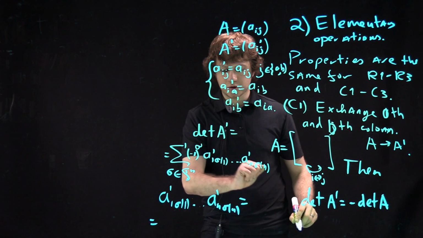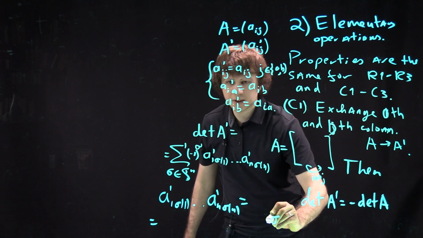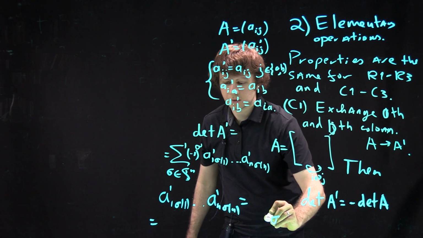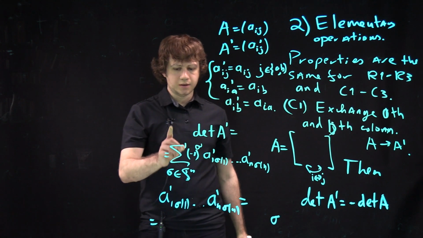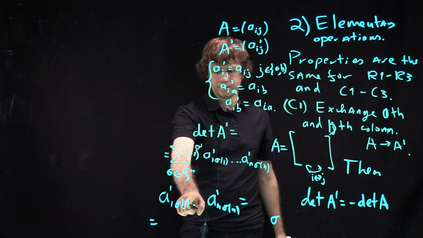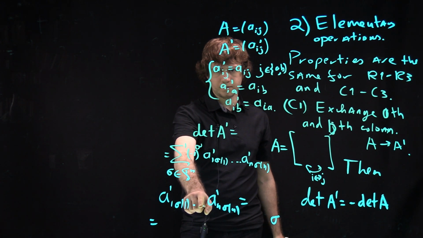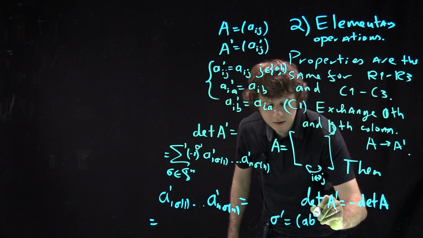So here is a convenient way to write it. Let's consider a new permutation. Let sigma prime be the transposition (a b) times sigma.